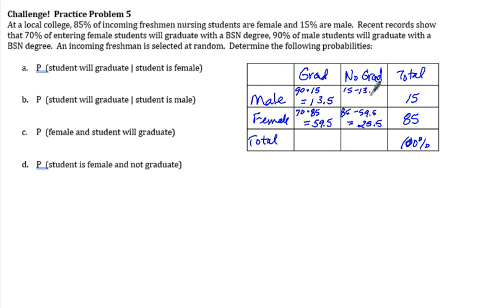There's only a yes-no scenario here. If you're not graduating, then you land in this bucket. 15 minus 13.5, there's only 1.5% of this whole group of males not graduating. So if we add this down, that means of the whole group, 73% graduate and 27% don't graduate, whether you're male or female.